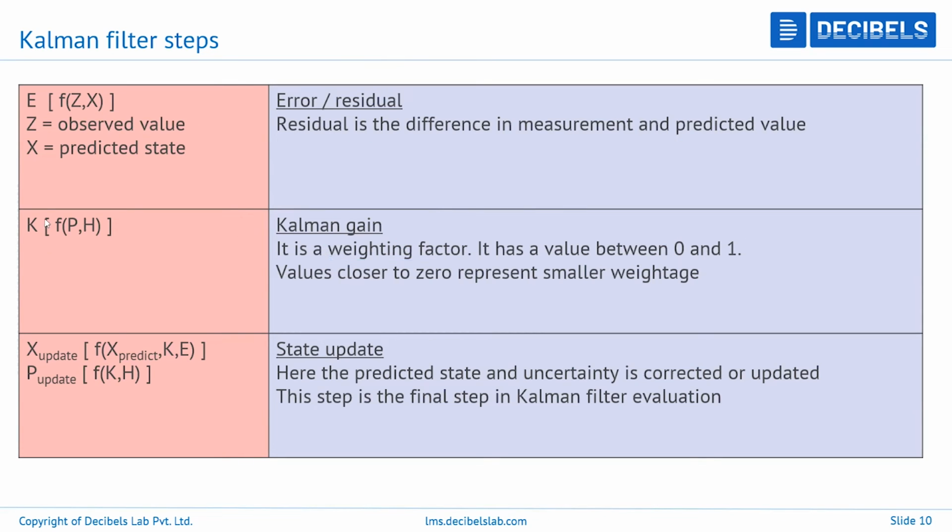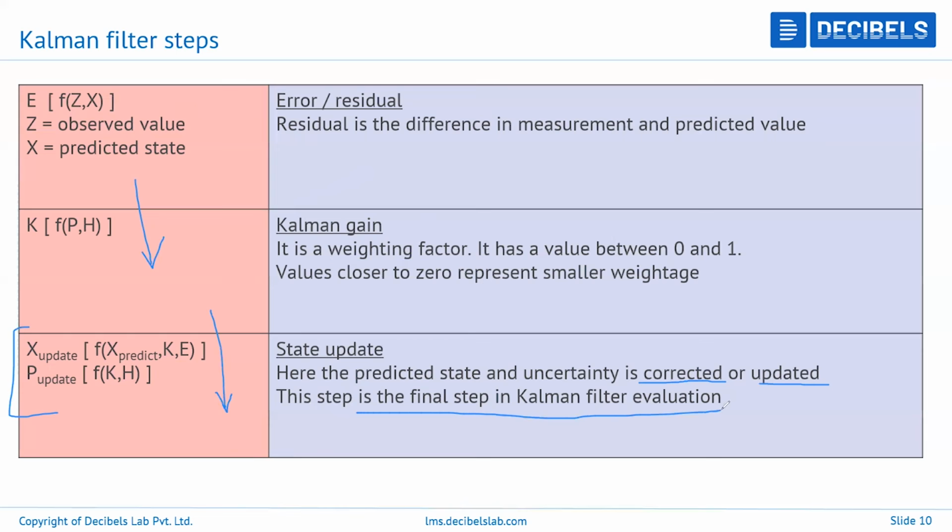Once we have defined all these parameters, from initialization till Kalman gain, we come to the final step called state update. Here in state update, the predicted state is corrected, or updated. Whatever error has been estimated will be updated using the Kalman gain, and then applied in this last step, the state update.